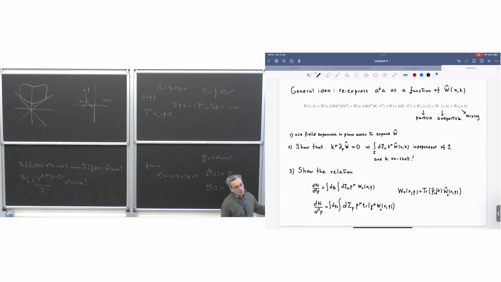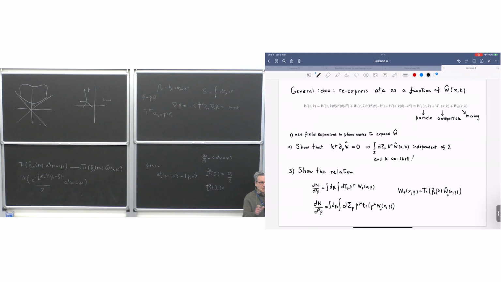This is called W plus, W minus, and then there is a third contribution, which is the space-like part of the Wigner function, because it requires minus K squared to be positive, so K squared to be negative, and this is made of mixings between particles and antiparticles.